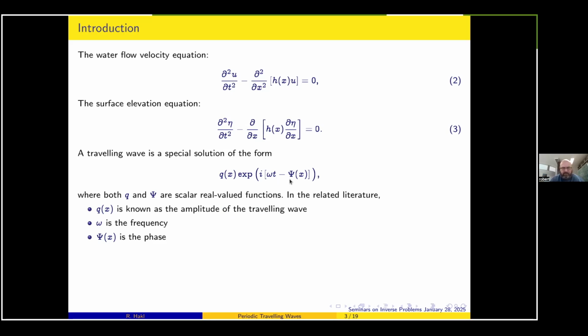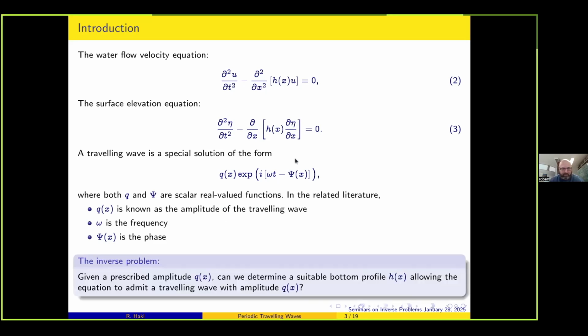Usually the question is, if we know h, whether there exists a solution u, respectively eta. But this inverse problem asks: if we have a prescribed amplitude q, can we determine a suitable function h such that this traveling wave with this prescribed amplitude is a solution to this particular equation?